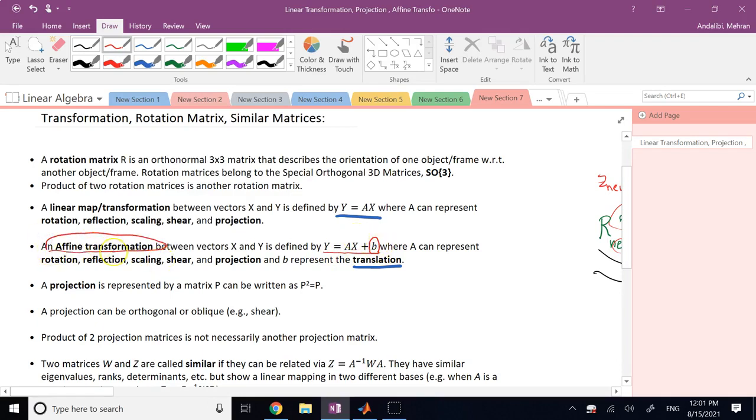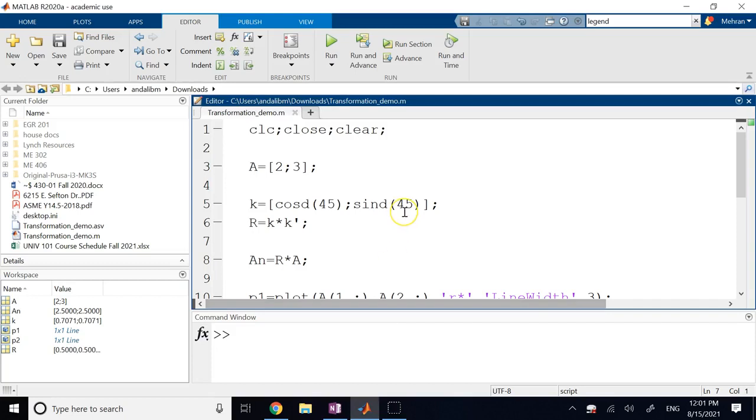I have a video on affine transformation. If you want, go and watch that. I show you all sorts of things about it and animation and so on. But all you need is to add a simple vector to it to show what? To show translation. So here all I need is really, when I multiply it by r, I add a vector b to it, and I have to decide on b.